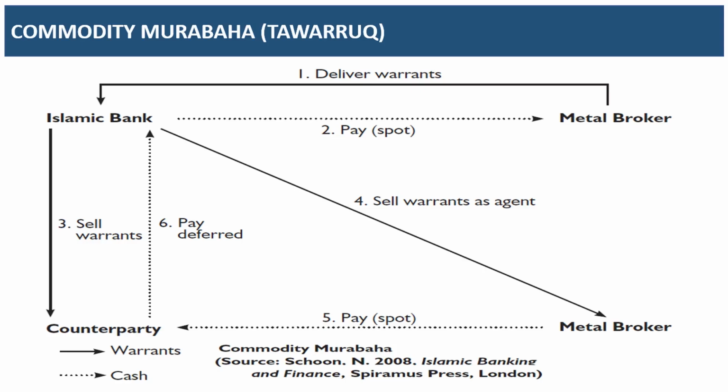The majority of commodity Murabaha transactions use London Metal Exchange (LME) base metals as an asset since they meet all criteria for a commodity and are easily identifiable via warrants.